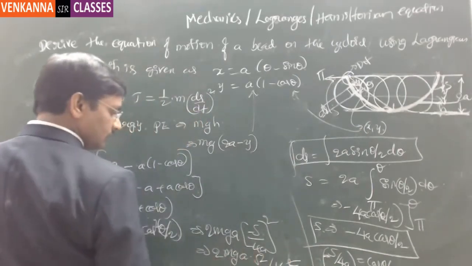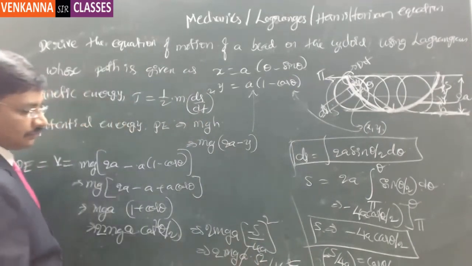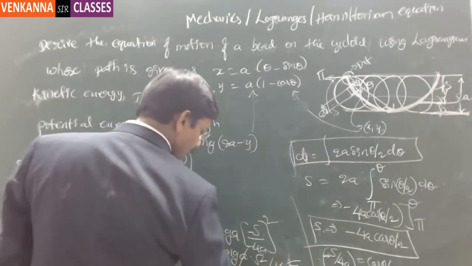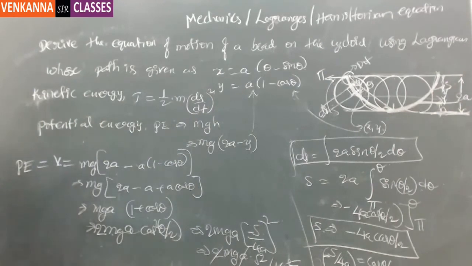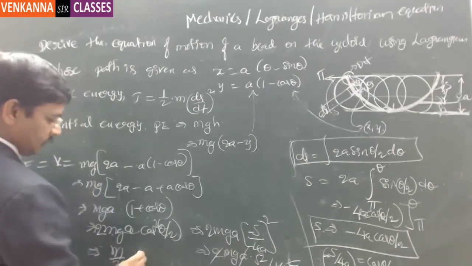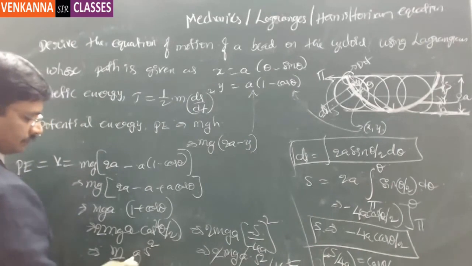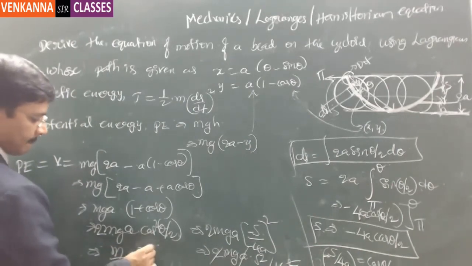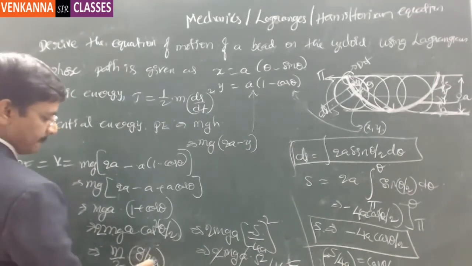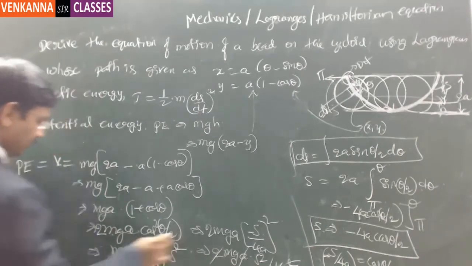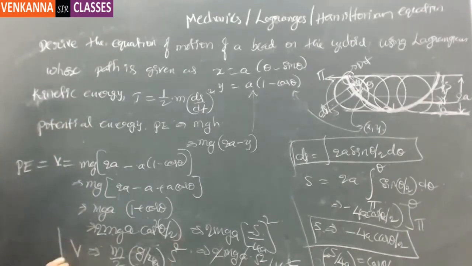The 2, a and a square cancel out, leaving 8 in the denominator. If you take m by 2 out, then it is g by 4a times s square. So this is the potential energy V. Got it?